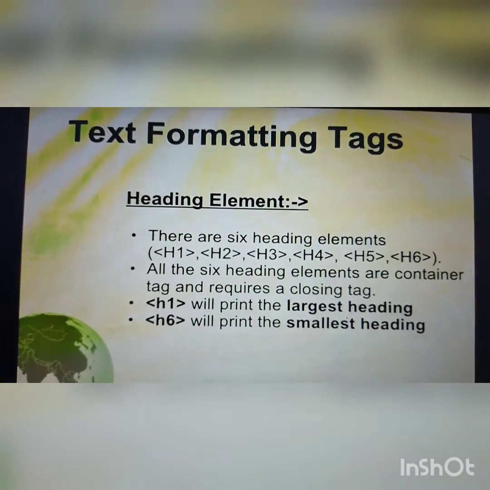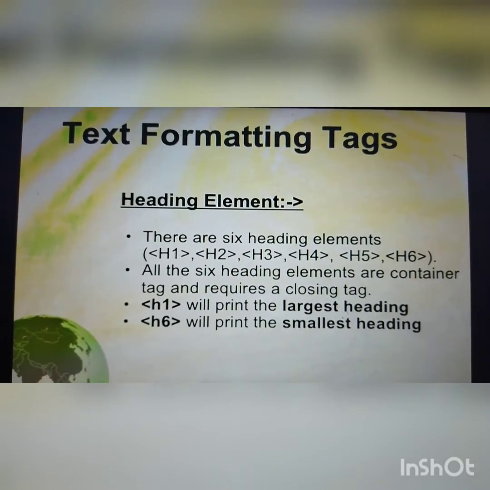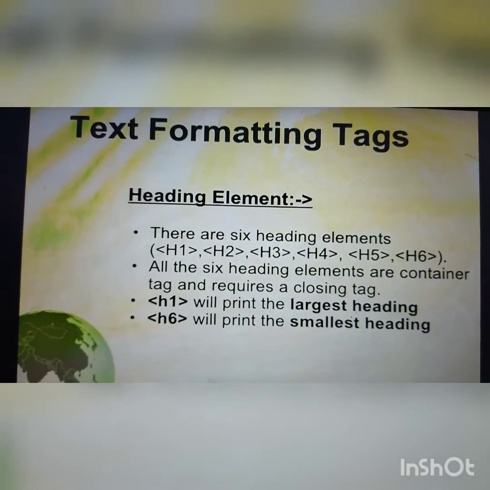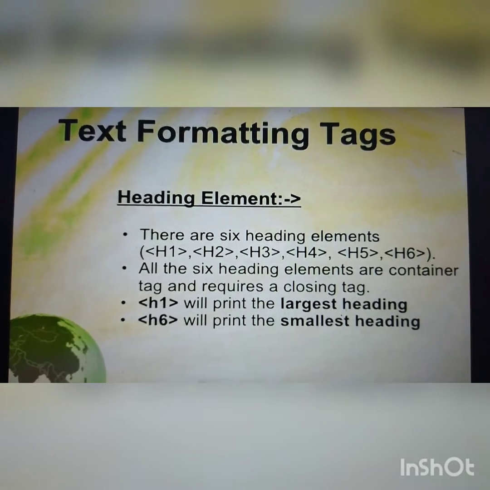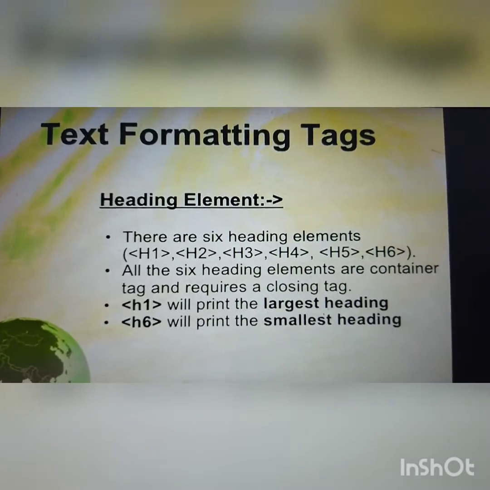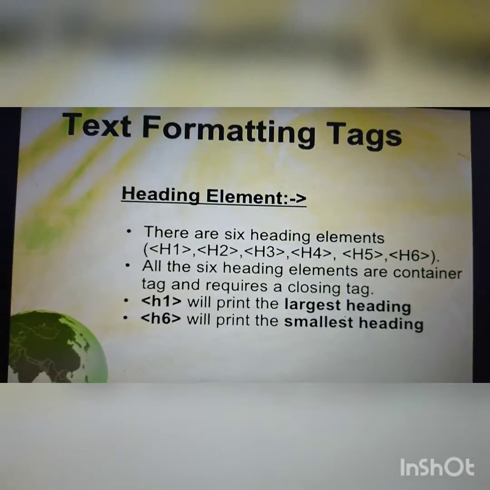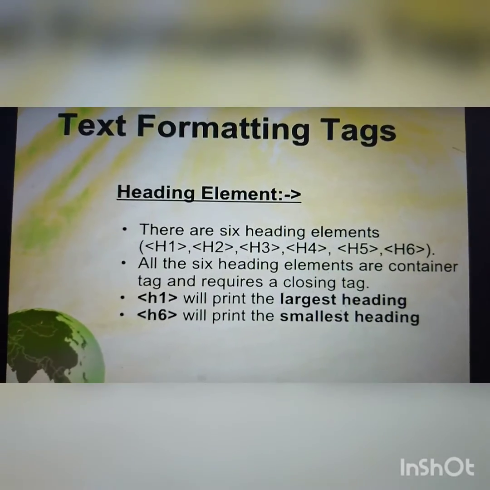Next you will see text formatting tags. There are 6 heading elements in HTML: H1, H2, H3, H4, H5, H6. H1 is the biggest tag, H2 is smaller, and the smallest tag is H6.